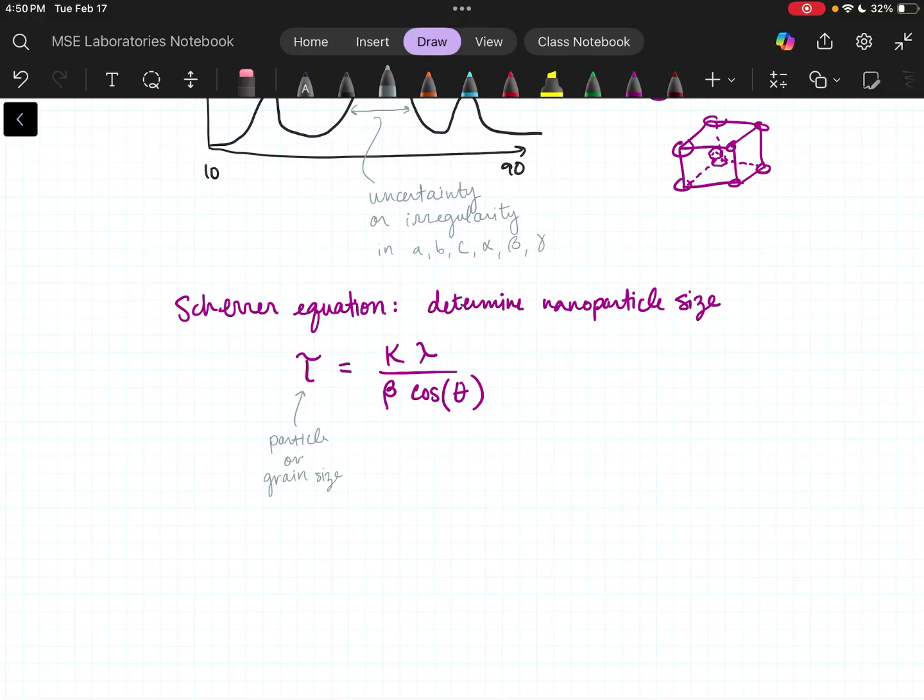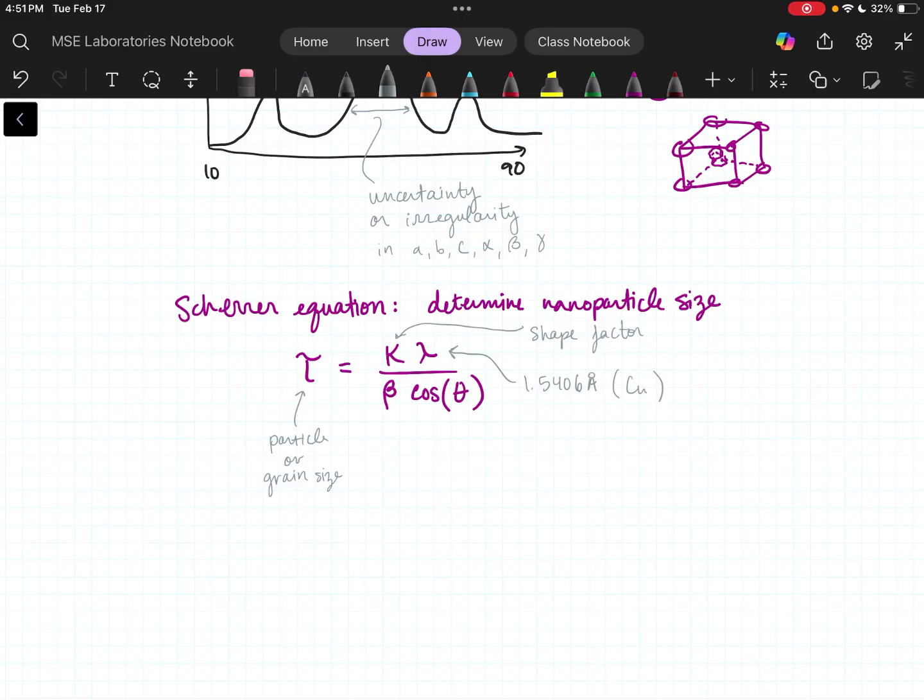You can also use this for grain size. So if I had, for some reason, accomplished a nano grain material, which would be really impressive and super cool. K is a shape factor, so assuming that our particles are probably not perfect spheres.